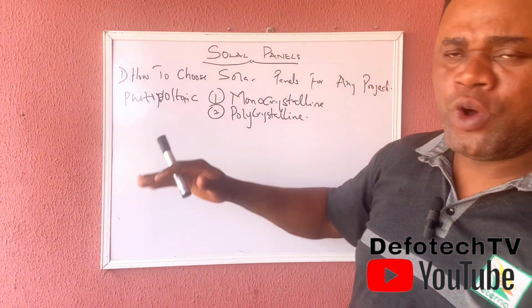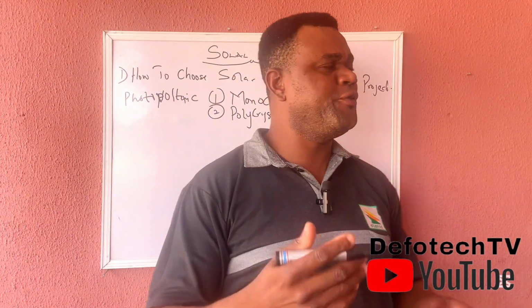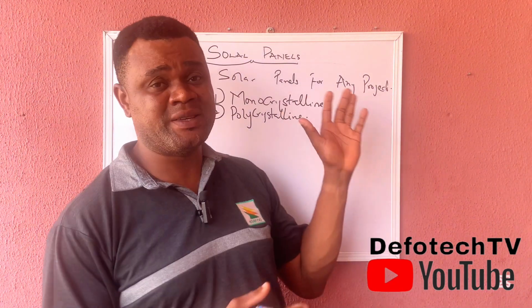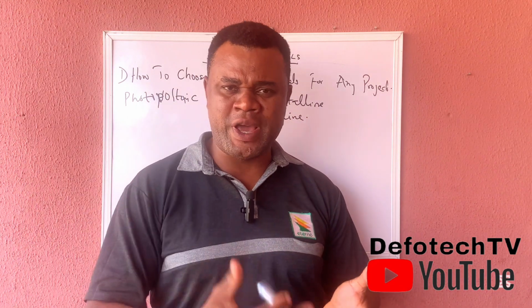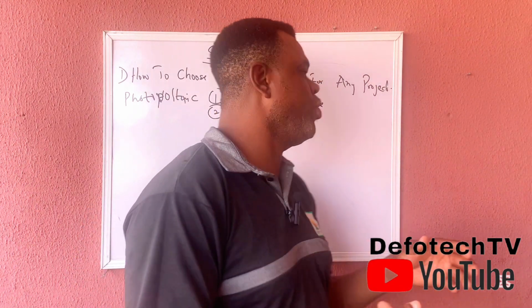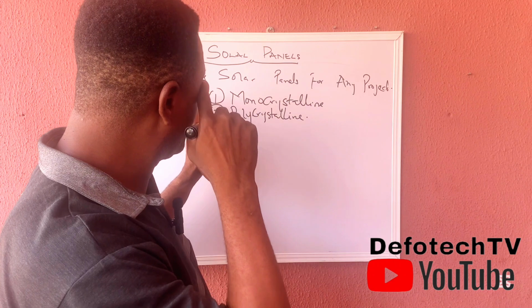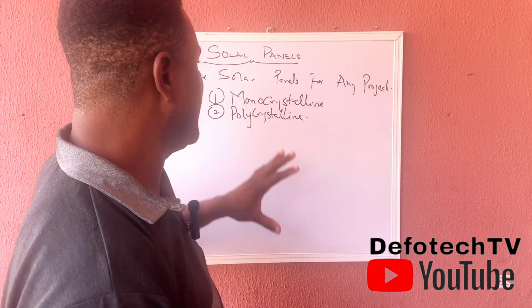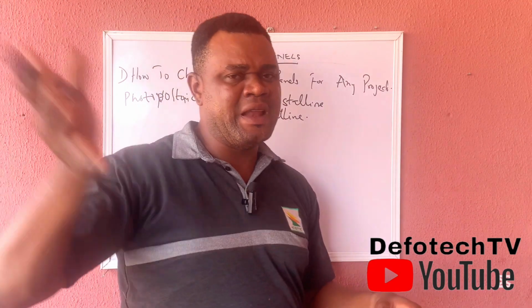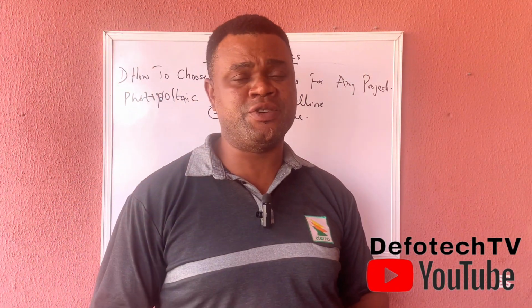Now, you hear the word most times, photovoltaic. Photovoltaic is a kind of device, that's what solar panels are, that convert light energy from the sun to electrical energy. Because of the way your solar panels are designed, these panels help in converting light energy into electrical energy.